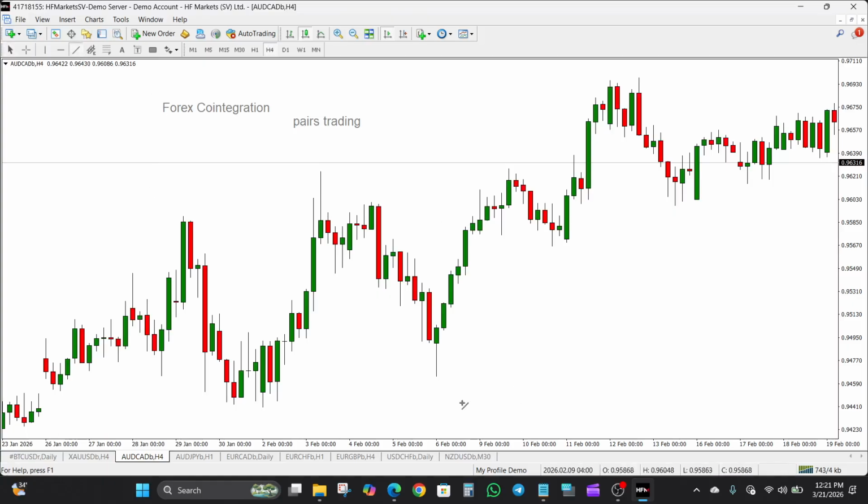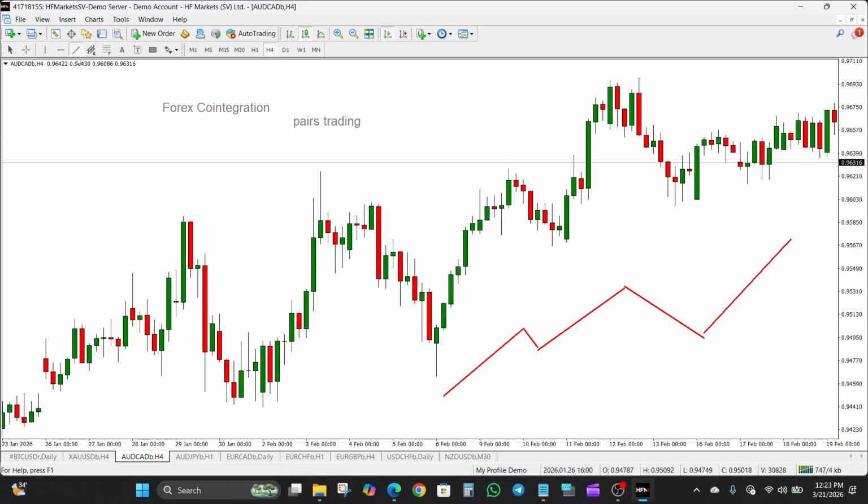For example, let's say you have two pairs making almost the same bullish pattern, right? And then suddenly one of the pairs diverges.